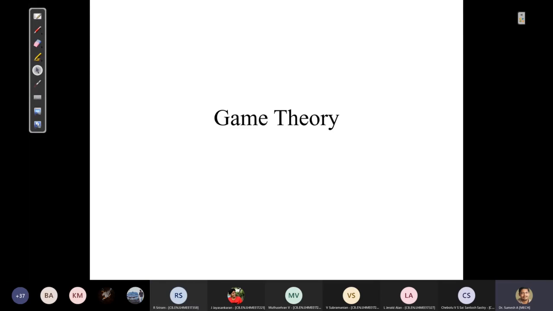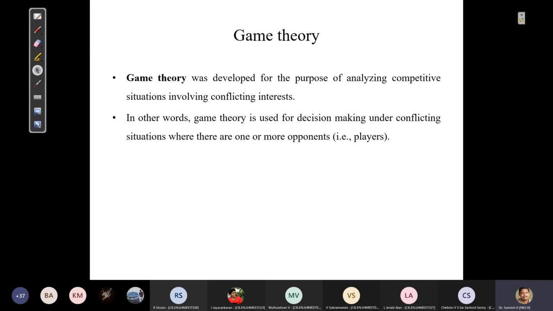Okay. So game theory was developed for the purpose of analyzing competitive situations involving conflicting interest. Or if I put it another way, game theory is a decision making tool under conflicting situations, that is, when there are one or more opponents.